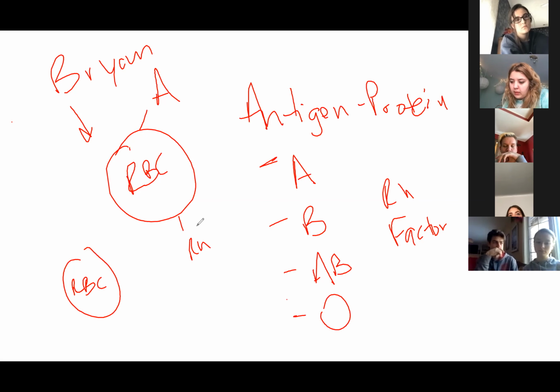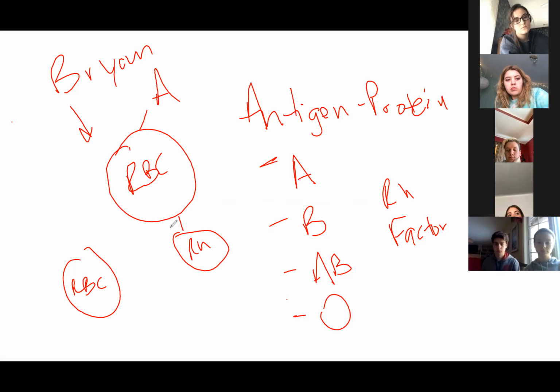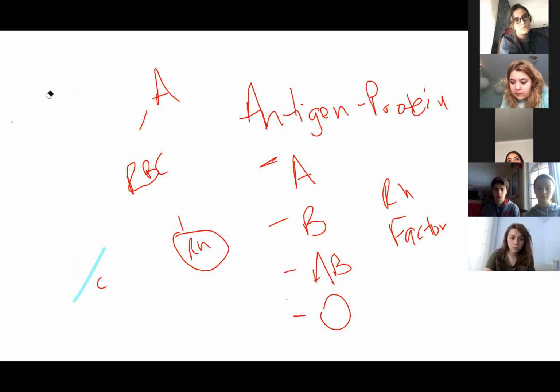The problem is someone who's negative. So let's say you have A negative blood. If I gave you my A positive blood, this Rh factor would be recognized as foreign to your body, and again, it would be an immune response. So the universal donor is O negative.